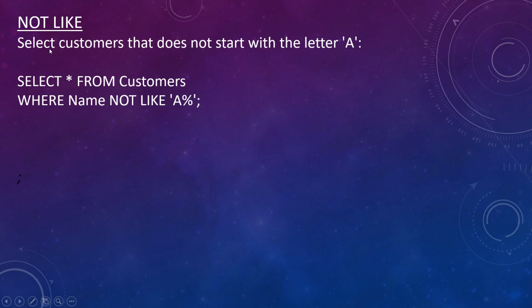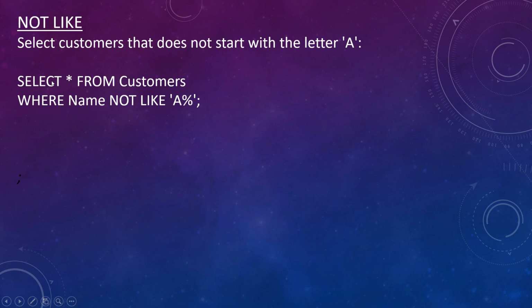In this query, I want to select customers that do not start with the letter A. To understand this scenario, I have created one more table named customer. I will show you, but for now just see how we are writing the query.